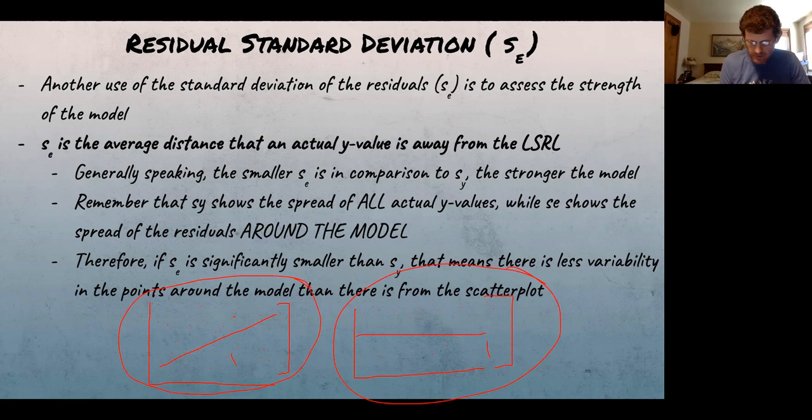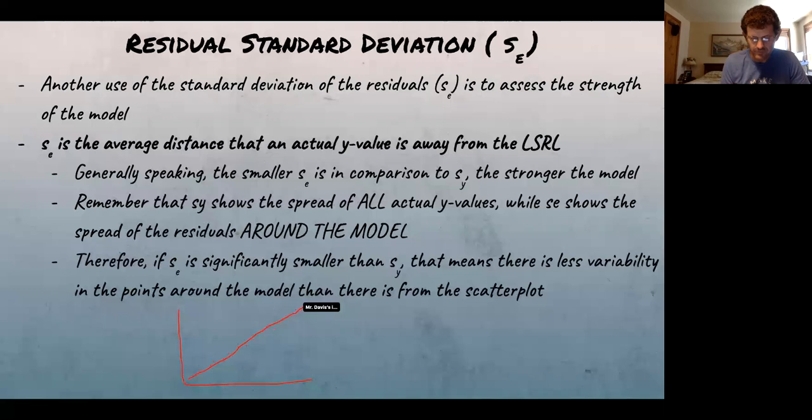So let's compare that to one with a high correlation. So notice the variation in y is still quite big. But when I show the residual plot, all my residuals are going to hover right around the line, and I've got very little variation in those residuals.